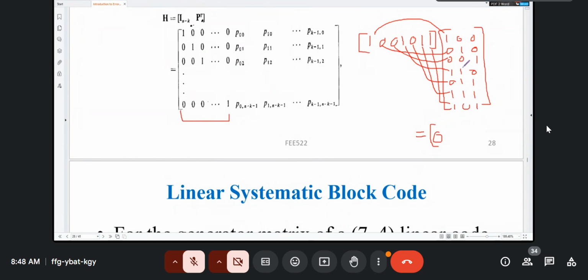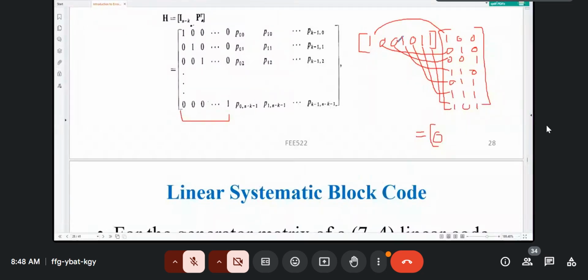Because 1 plus 1 is 0, and 0 plus 0 is 0. If you add an even number of bits, the result is 0. If you add an odd number of bits, the result is 1, for modulo 2 addition.